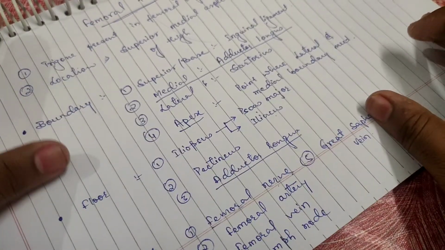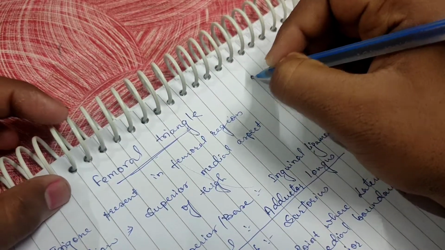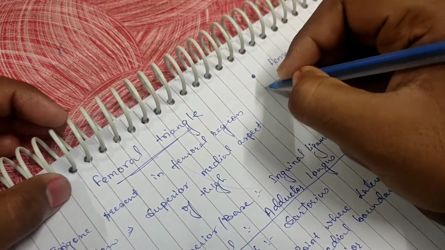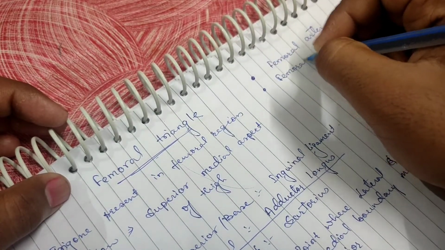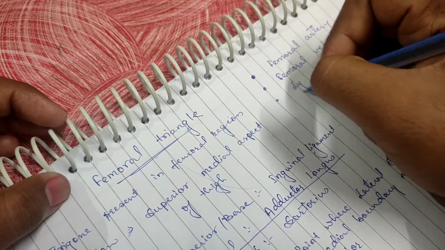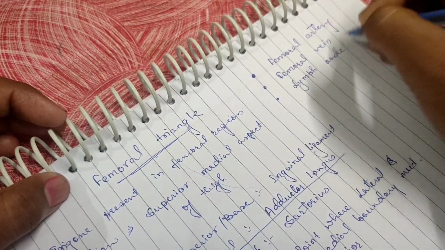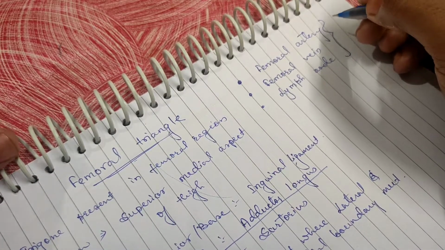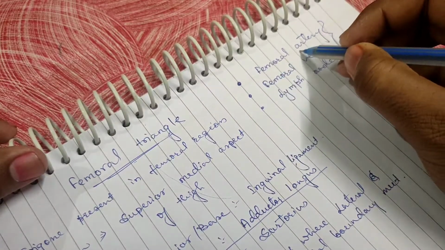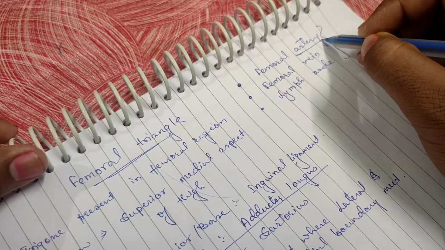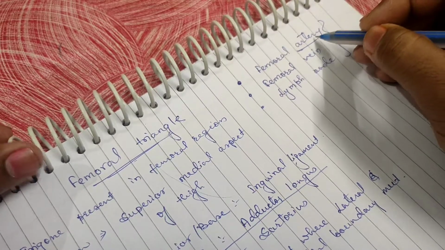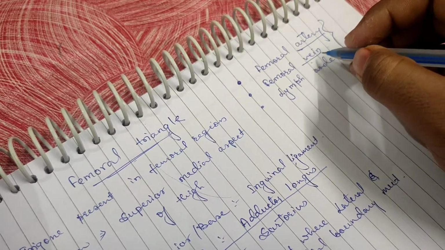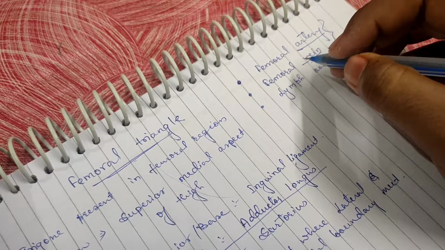Now the pressure in the femoral artery, femoral vein and lymph node, the pressure in these blood vessels is very high, because the artery carries blood from the heart to the lower limb, so due to gravity the pressure would be higher, and in the vein the blood flows against gravity, so the pressure should be higher in order to reach the heart.